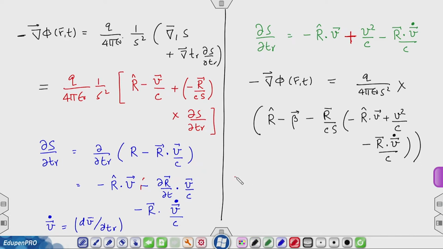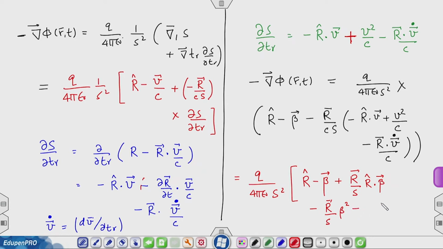which is equal to q over 4 pi epsilon 0 s square, r unit vector minus beta plus r over s, r unit vector dot beta, minus r unit vector over s beta square, minus r over c s, minus minus will become plus, r vector dot v dot over c.